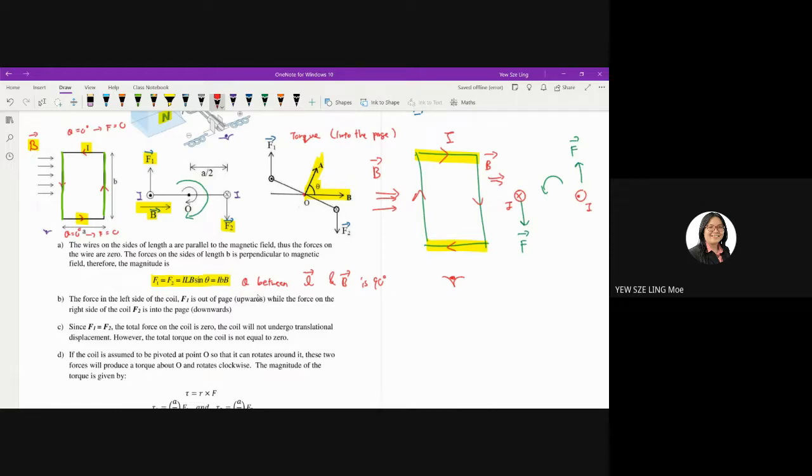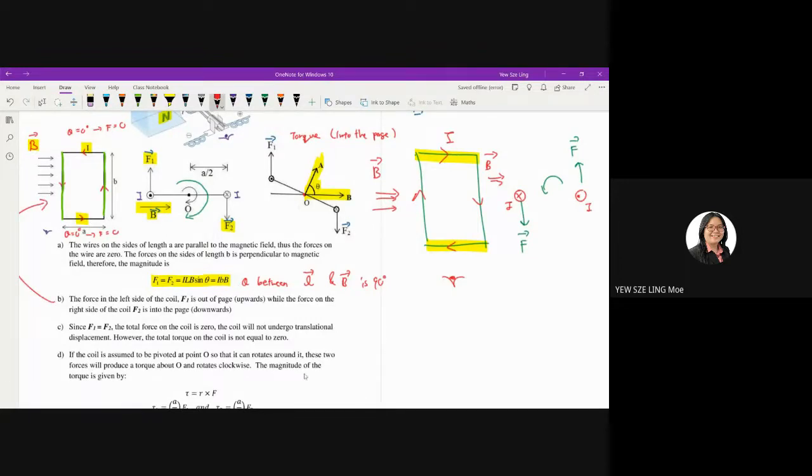So the force on the left side of the coil, F1, is out of the page, or we say upward if you look at it from this view, from the original diagram, while the force on the right side is into the page. This statement is given based on this diagram.